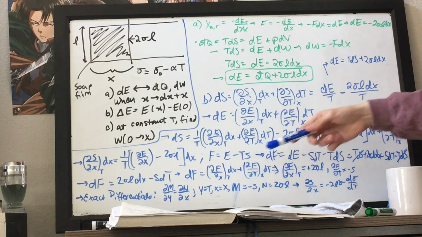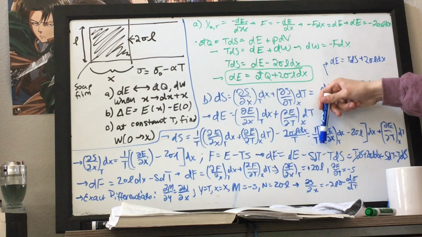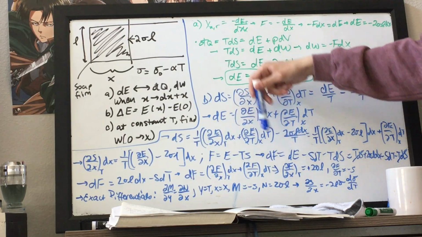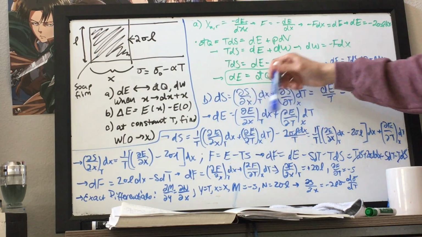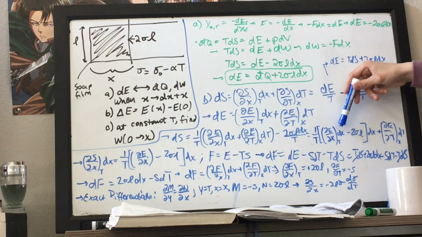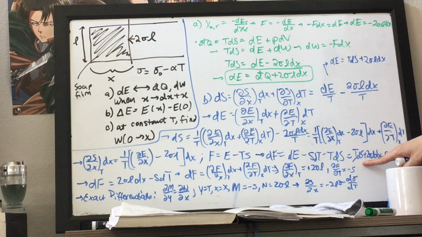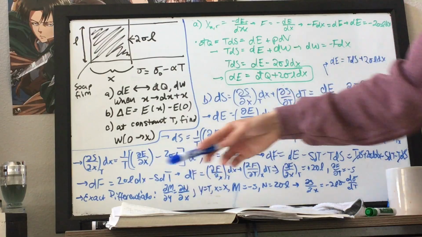So we take our differentials, and we get dF is equal to dE minus S dT minus T dS, because when you take the differential, you apply the product rule to TS there. And then when we substitute dE from up here into our expression for the Helmholtz free energy, our TdS terms cancel out, and we're left with just 2 sigma L dX minus S dT. So that's what we have down here.